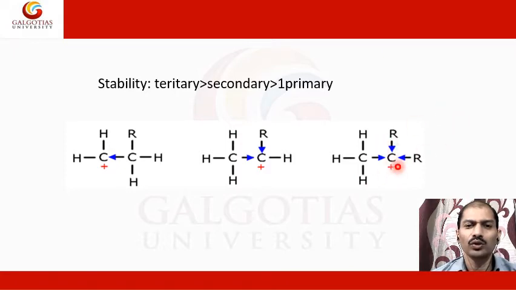Their stability depends upon the number of hyperconjugating structures, which is more in the case of tertiary carbon, then secondary carbon and primary carbon. Accordingly their stability is decided.